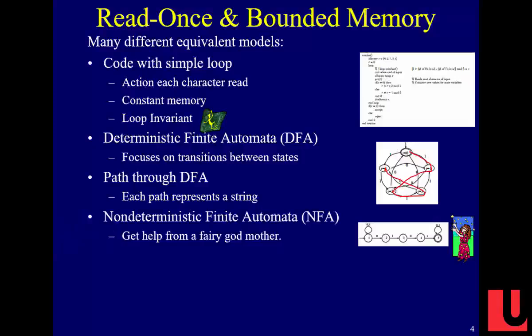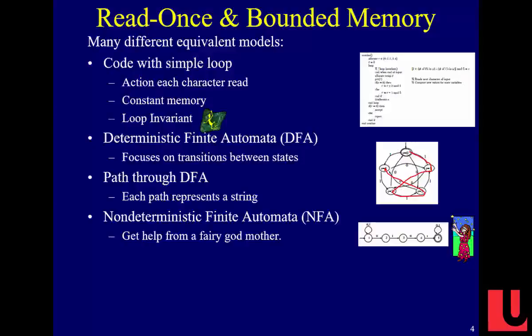Then we're going to talk about non-deterministic finite automata. And why do we talk about those? Partly just to torture you. All right? It's sort of a concept. Non-determinism is a concept that comes up in the theory of computation a number of times, so having one little example of non-determinism won't hurt you.